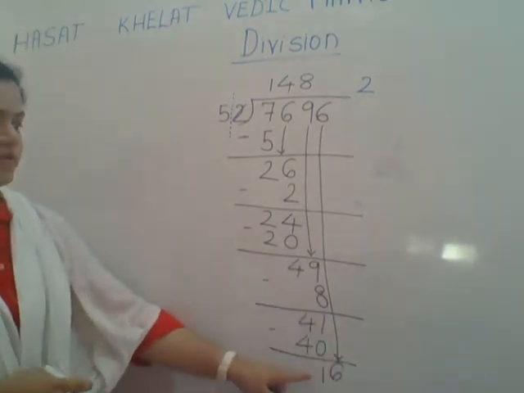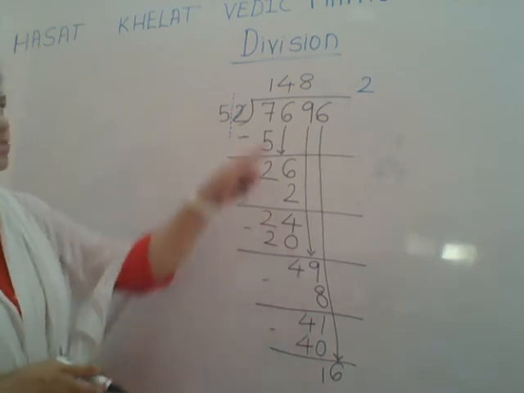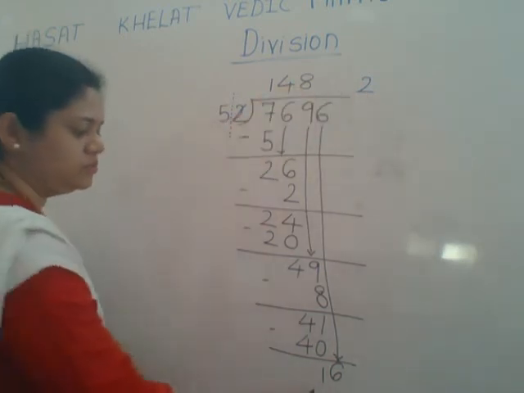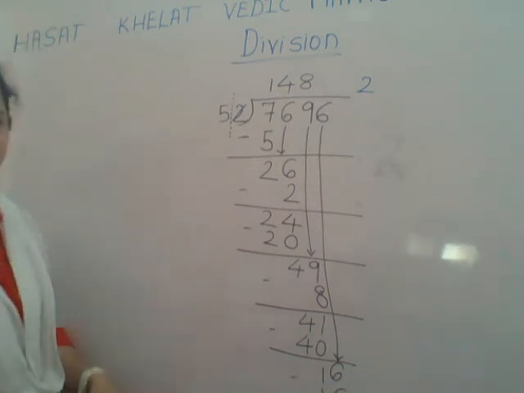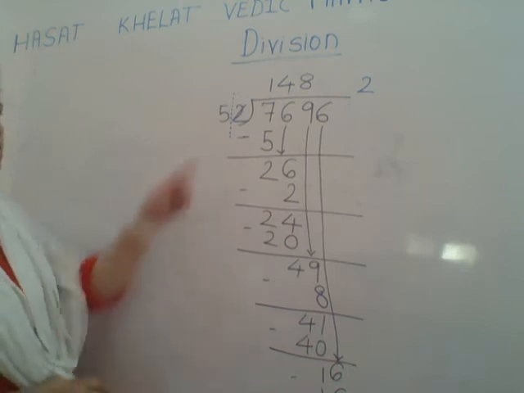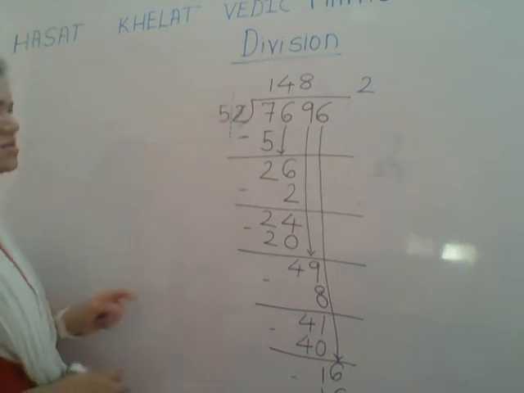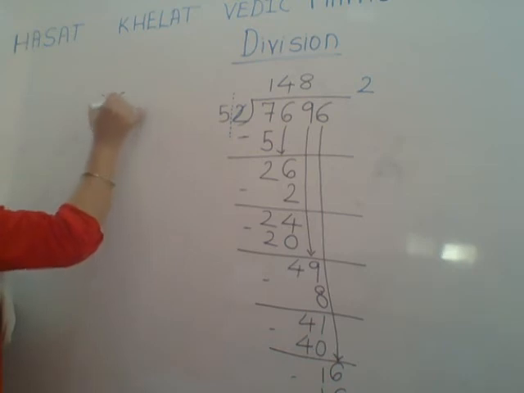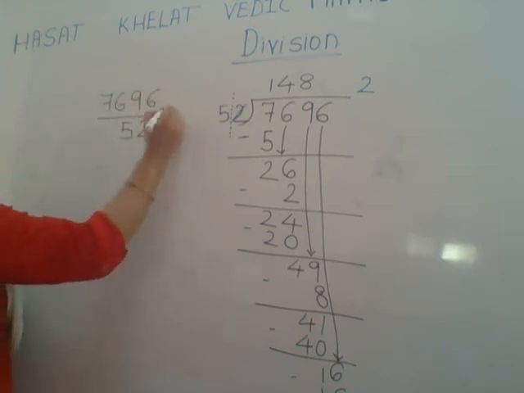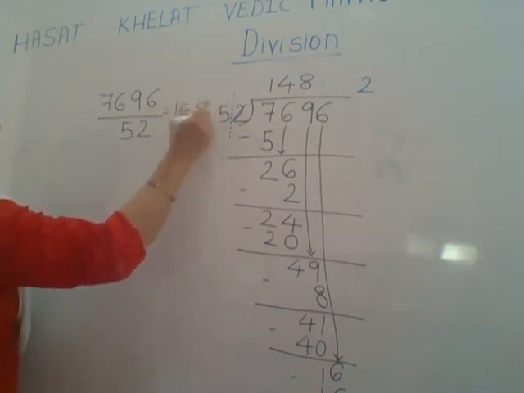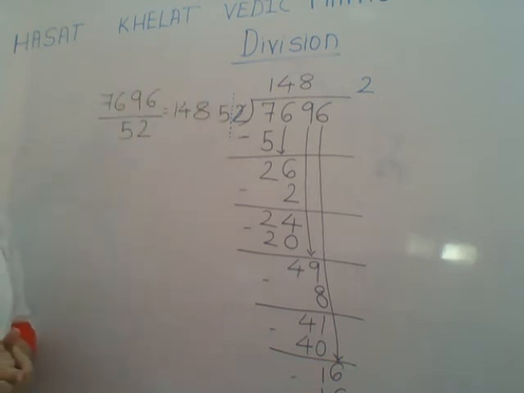Now, whenever this comes, what do you have to do? 8 multiplied by 2, that is 16. And finally, I got my remainder as 0. Our quotient is 148. So the answer for 7696 divided by 52 is 148. Is it clear to you?